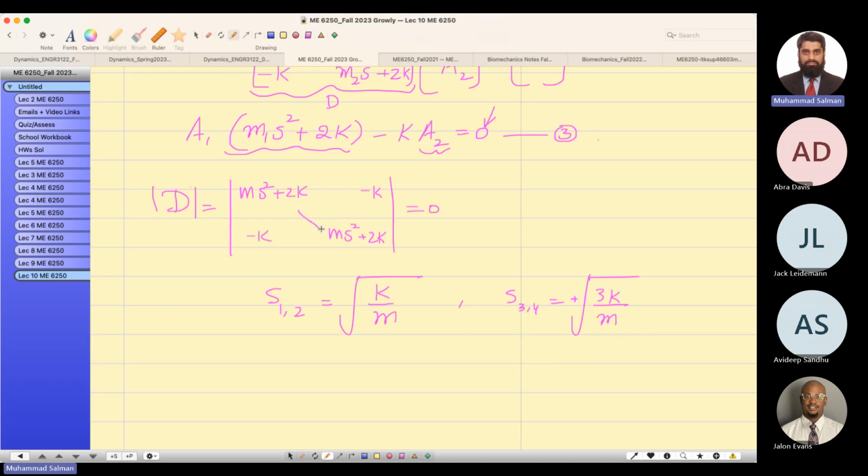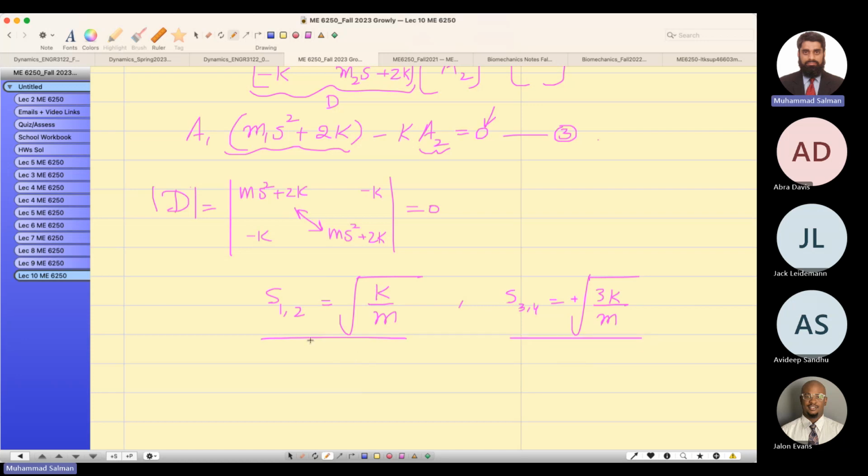Remember, when you multiply these off diagonal elements to find the determinant, you get s to the power 4. When you have s to the power 4, you will have four roots, because 4 degree means four roots. So you will neglect the negative roots. It's the same. You will have plus minus square root k over m. So these are the two roots here, two roots here.